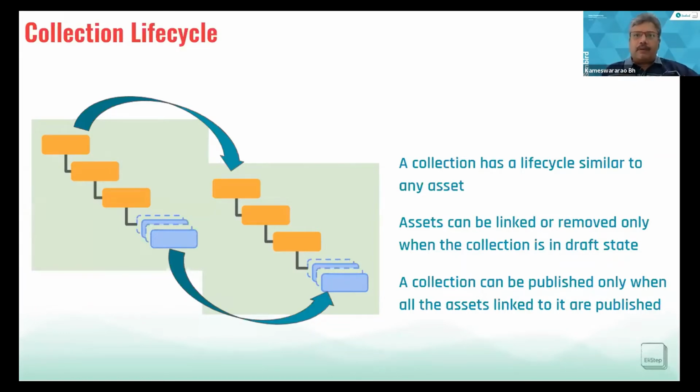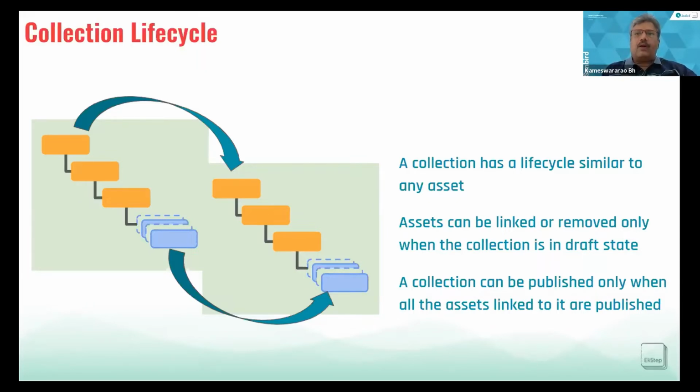On top of that, there are a couple of things that need to be specifically taken care of in terms of collection. Linking assets to a collection or removing assets from a collection is also considered a modification to that collection. So the collection has to be in draft mode when you want to do these operations. And similarly, when a collection is published and made live, all the assets linked to that collection have to be also published.